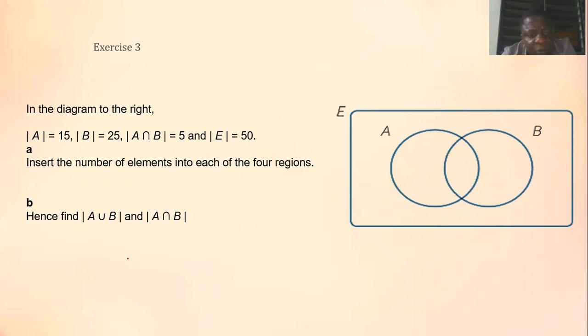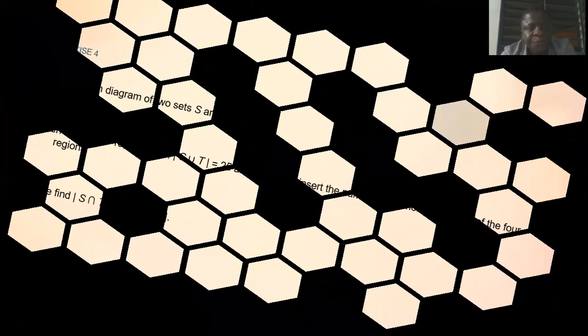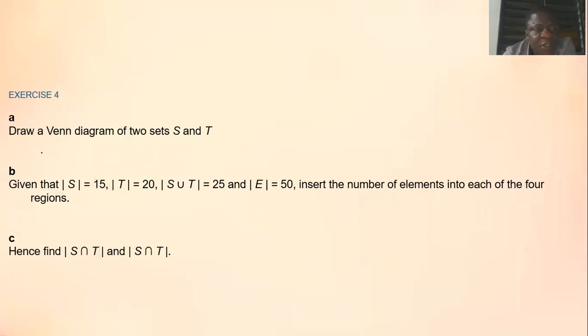You should find the figures for that, which is quite easy because most of these can be found in the instruction above. The last question says you should draw a Venn diagram of two sets S and T, given that S has 15 members, T contains 20 members, whereas their union contains 25, and the universal set E contains 50 members.